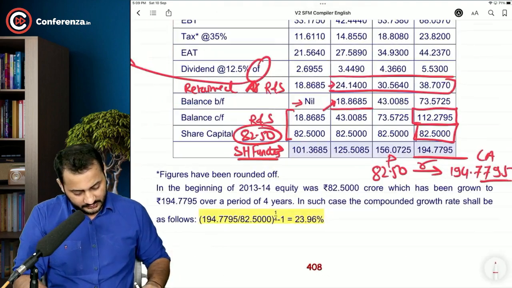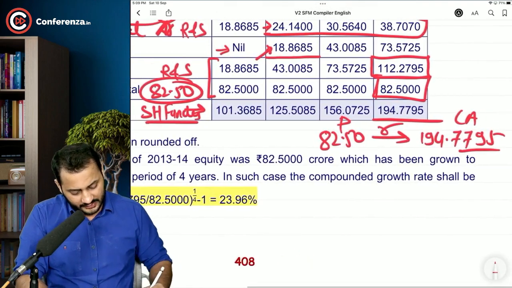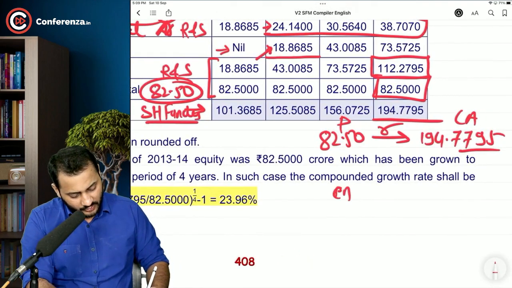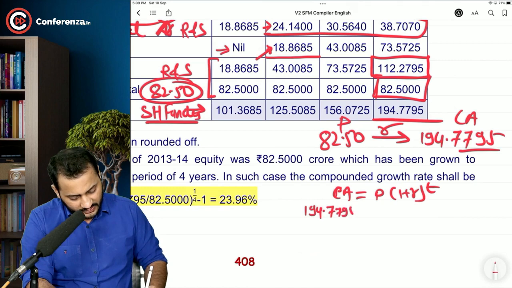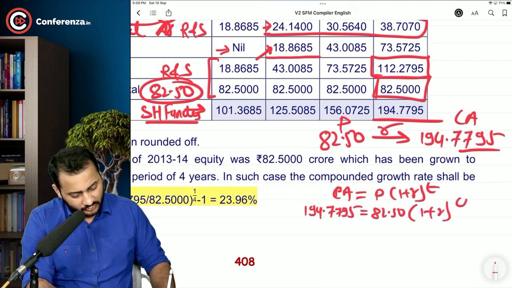See, the formula will be like this simply. Compound amount is equal to principal in bracket 1 plus r to the power t. So 194.7795 is equal to 82.50 in bracket 1 plus r to the power 4.